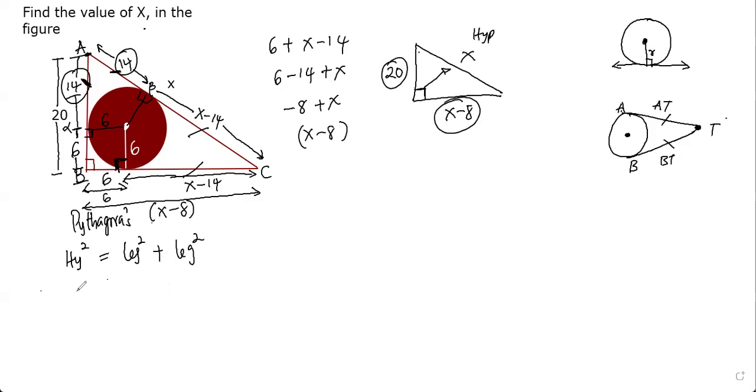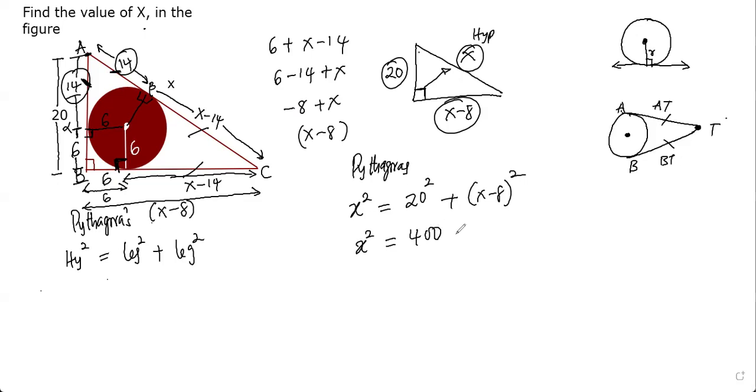So now, if we apply the Pythagoras theorem, hypotenuse squared, which will be x squared, will be equal to 20 squared plus x minus 8 all squared. And of course, this will be x squared is equal to 20 squared, which is nothing but 400, plus, when you expand this all squared, x squared minus 2 times 8 is 16, 16x, plus 8 times 8 is 64.